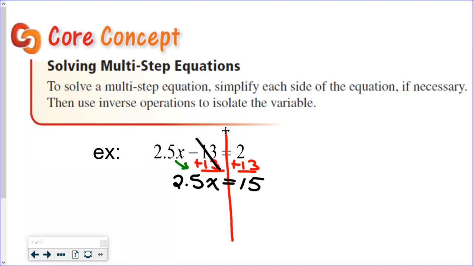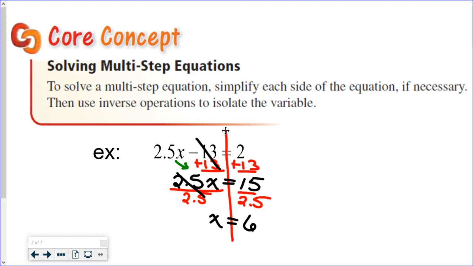Now I want to get x by itself. So what's the inverse or opposite of multiplying? Dividing. And I imagine this is where you might want a calculator. x equals 15 divided by 2.5, and I get 6 right from my calculator.